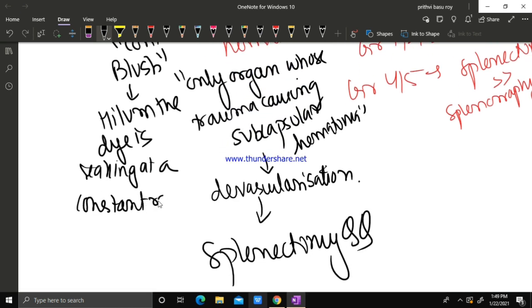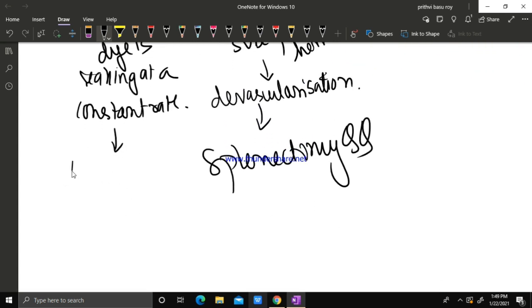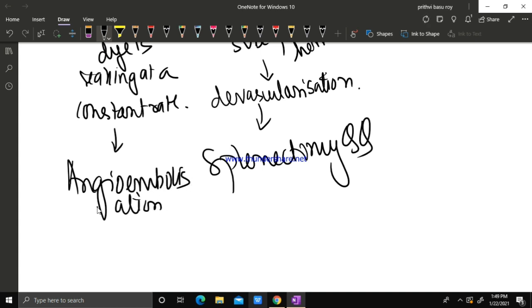If that is so, the hilum vessels are together, so it makes sense to do an angioembolization to block the vessels which are bleeding. And if it doesn't work, then go for a splenectomy. Do not sacrifice the spleen.